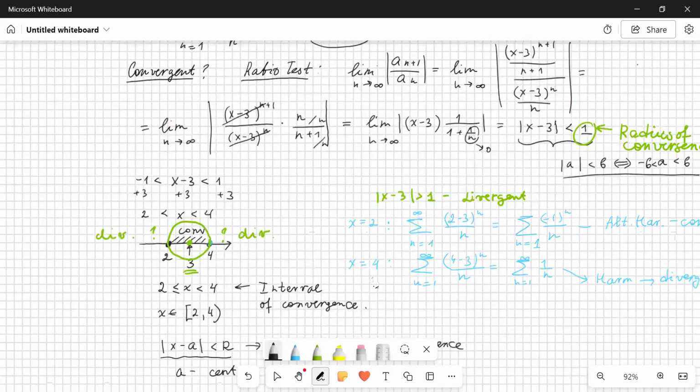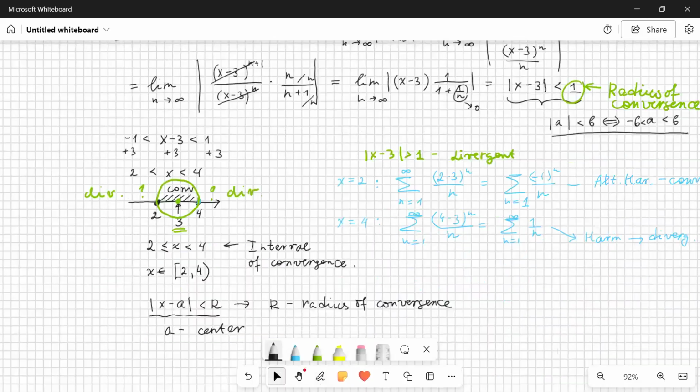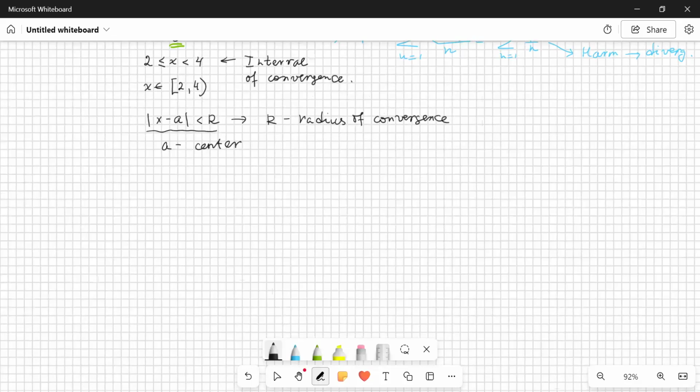So that was example number 2, right? Let's do example number 3. Let's consider a series which looks like the sum of n factorial x to the power of n from 0 to infinity. Here we don't divide by anything suspicious, so I'm going to consider this. And let's use the ratio test right away.